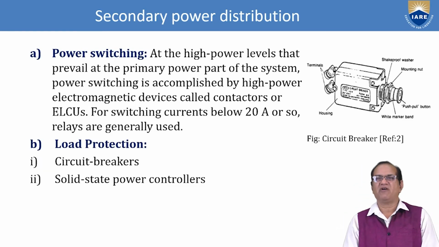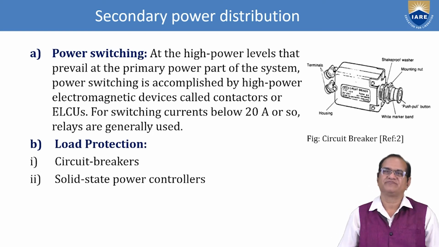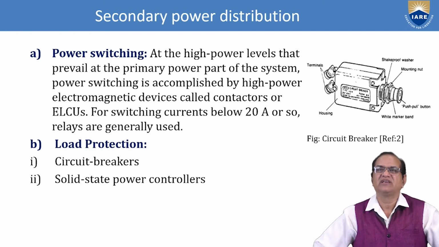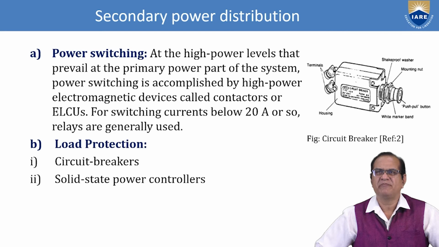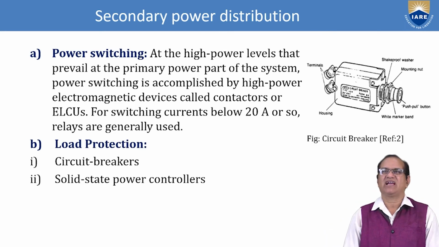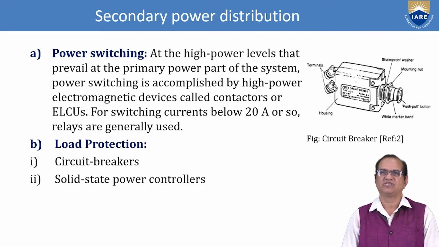Now, secondary power distribution. In this, we will have power switching and load protection. Power switching at the high power level prevails at the primary power part of the system. Power switching is accompanied by high power electronic devices called contactors or ELCUs.